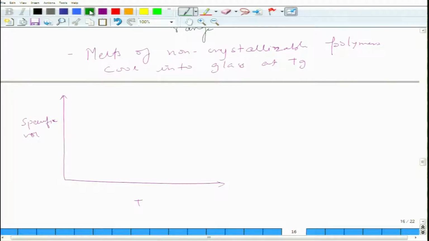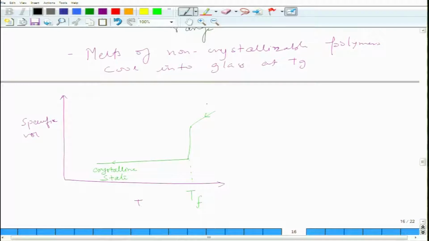A typical way, if you consider a usual solution, then this may be the case with the specific volume as you decrease the temperature, and it drops at the typical freezing temperature and attains usually the crystalline state. So that's a usual liquid, but in case of the polymer, you would see a little different scenario.